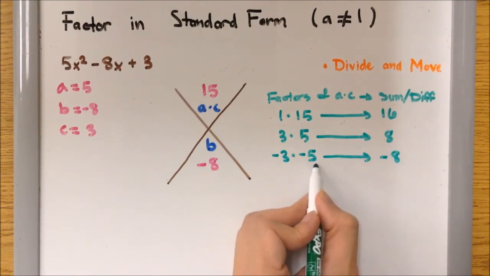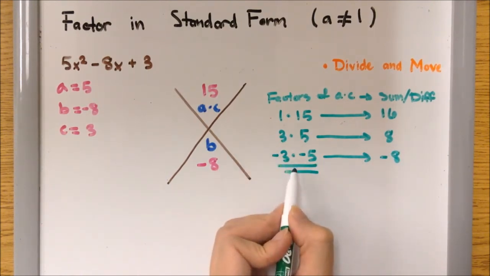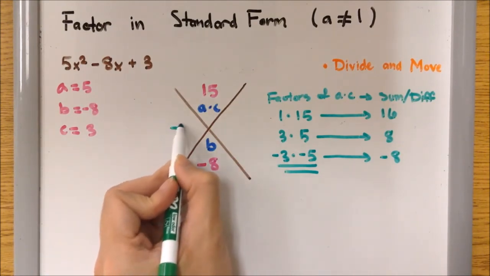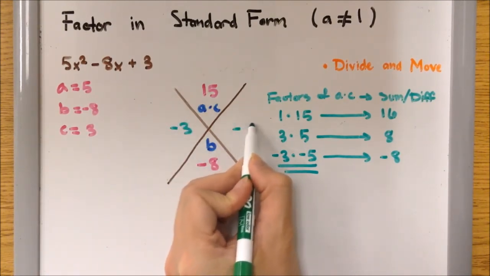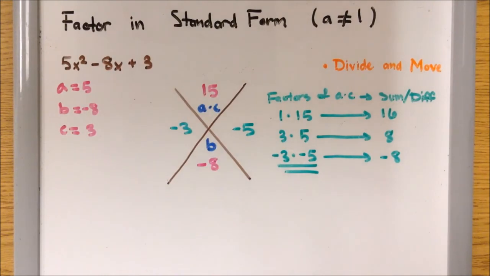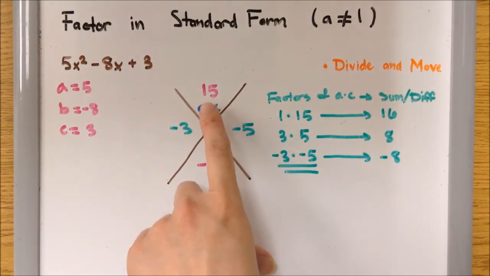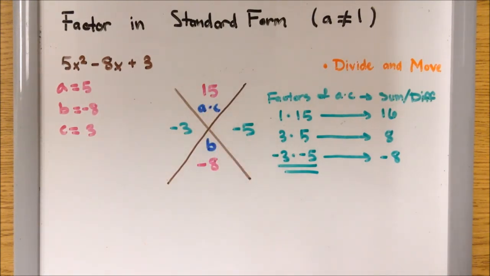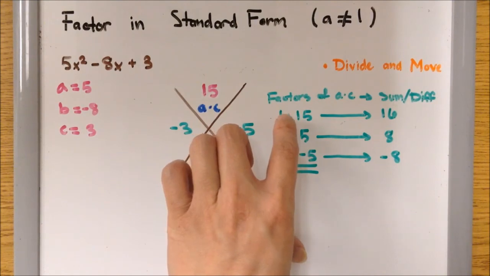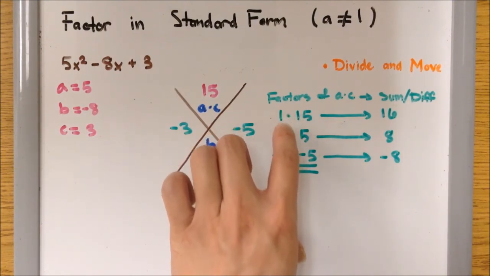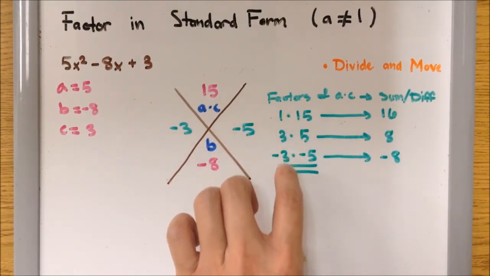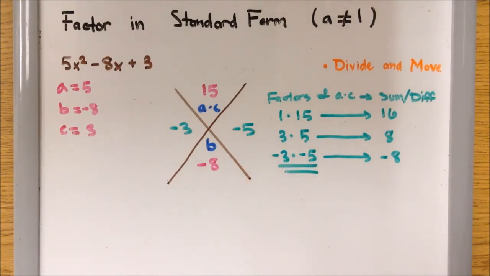So we found our correct factors, negative 3 and negative 5. So even if A times C is a positive number, you have to take into account that you may not just have positive factors, but you might have to use negative factors, just like this example.